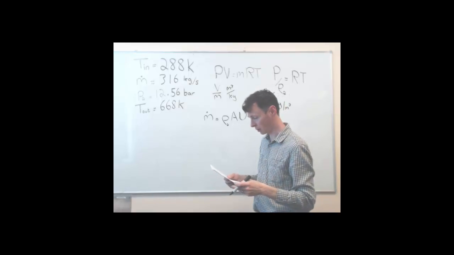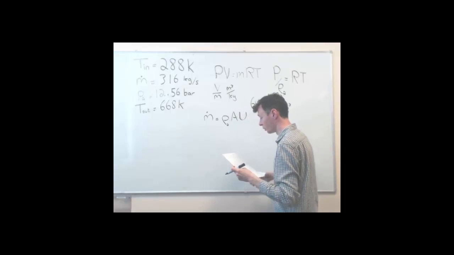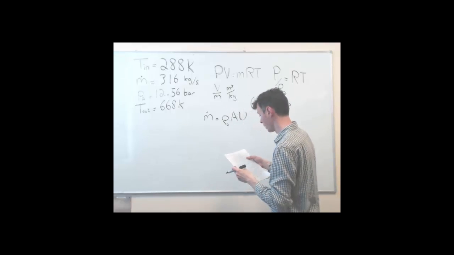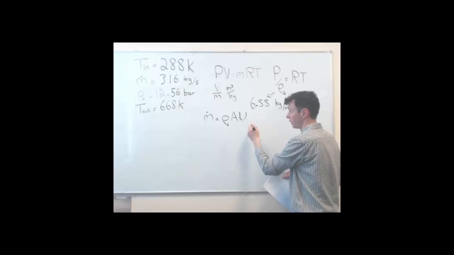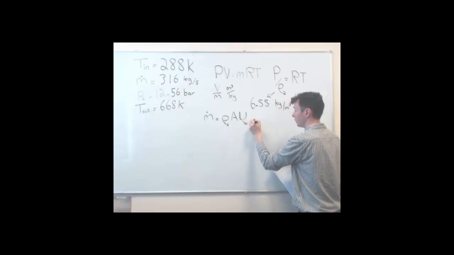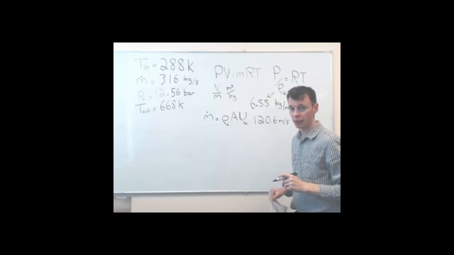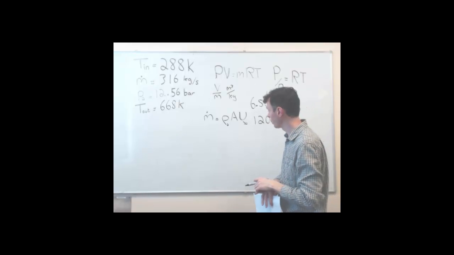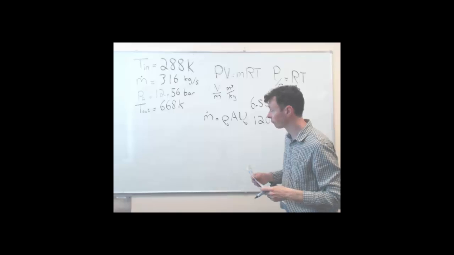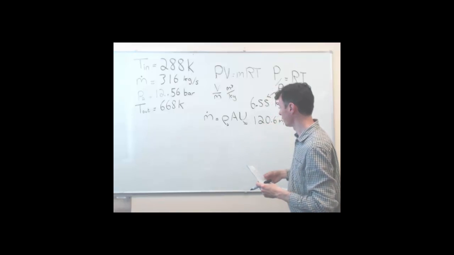So we can plug in all those numbers to find U. So rearrange this for U, and U equals 120.6 meters per second, which is quite a rocking value, quite large. Okay, so we found the velocity out, U2.